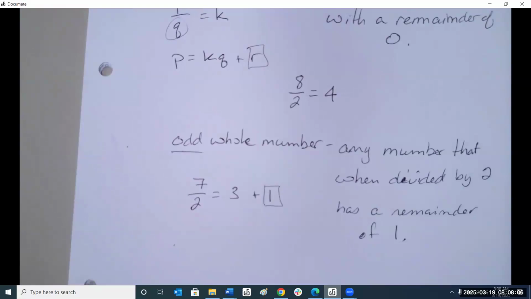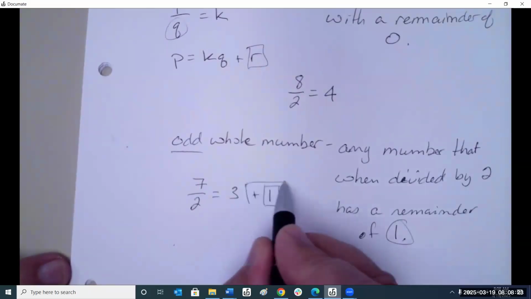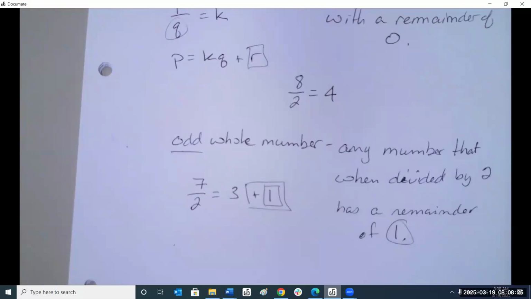And that's going to become important to us because if we want to find a number that's not an even number or not divisible by 2, all we have to do is find the quotient and add 1 to it, and that number is not divisible by 2. So this plus one will become very important later on.